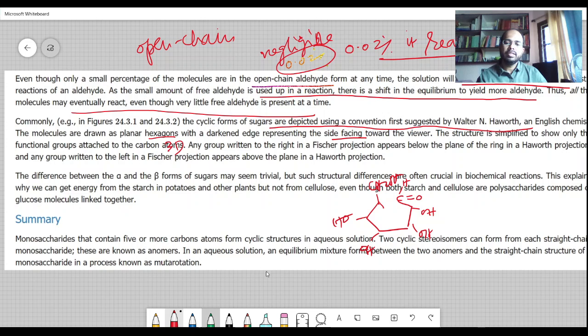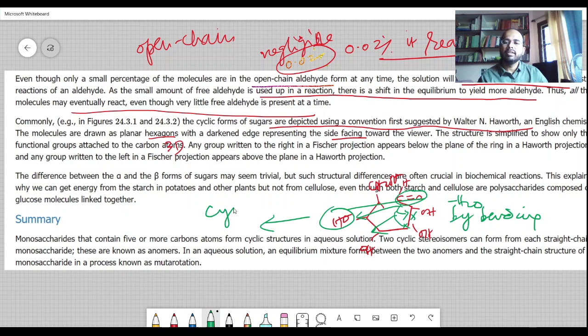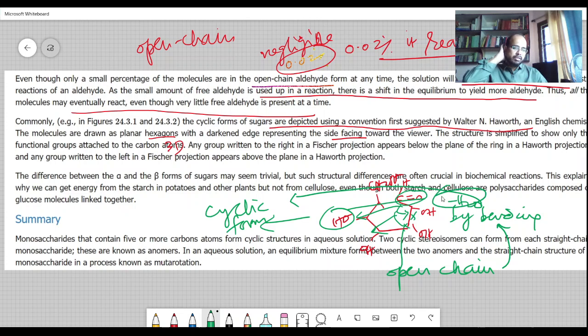This free OH doesn't react with this, doesn't react with this, doesn't react with this, but reacts with this, because by stereo bending this molecule comes closer to this, and you get a condensation by removal of water, and you get a cyclic form. So this is the open chain form. Open chain starts bending and then makes a cyclic form by the removal of this water molecule.